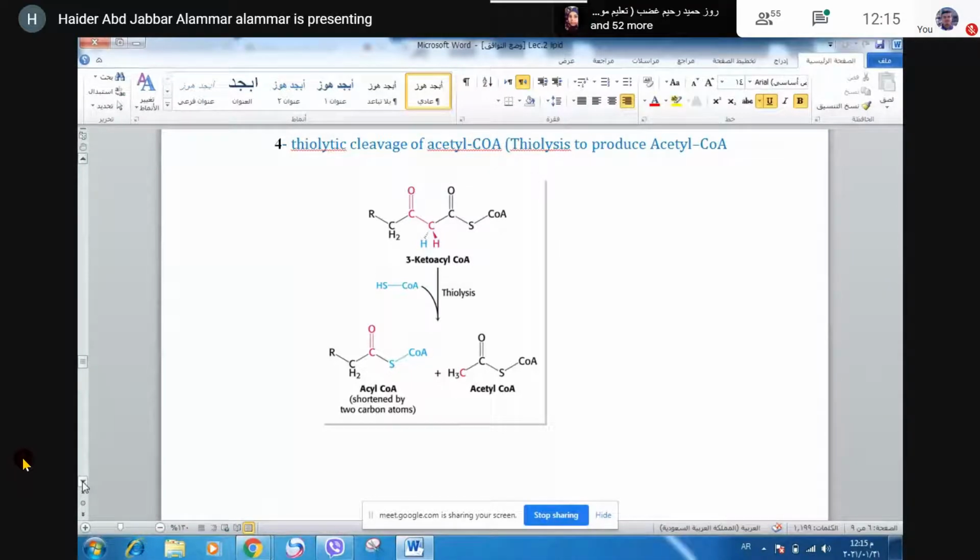Each of the 4 steps regards one round, one cycle, and the cycle repeats itself until, for example, all 16 carbon atoms are done, each turn removing 2 carbons. Okay.